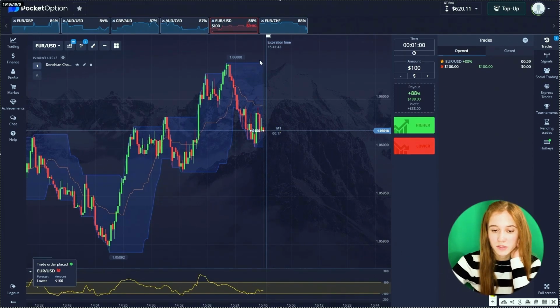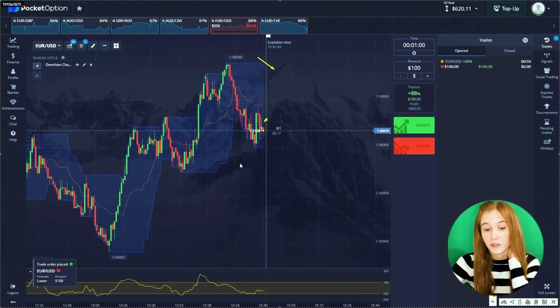Downtrend channel, what does it tell us? The last candle is at the upper limit at the lower position. We're also seeing below the line, this line, this is also important.